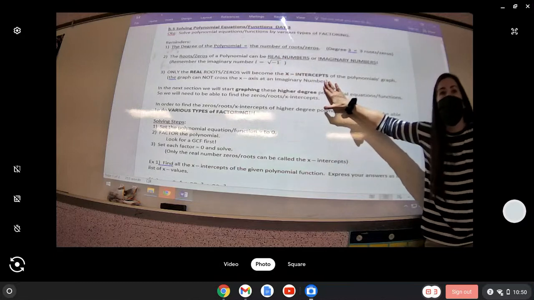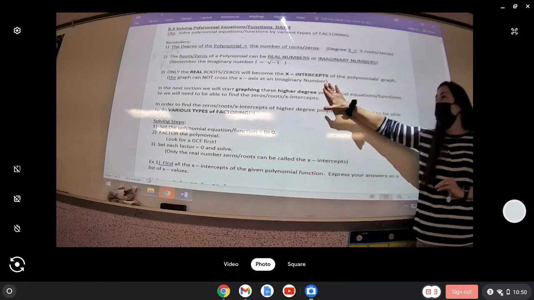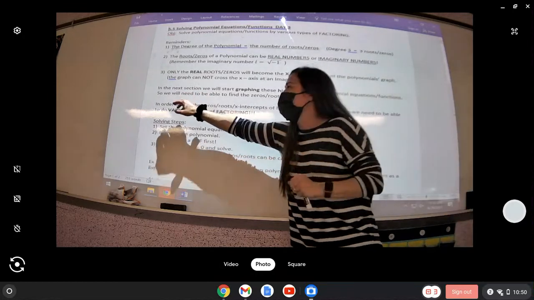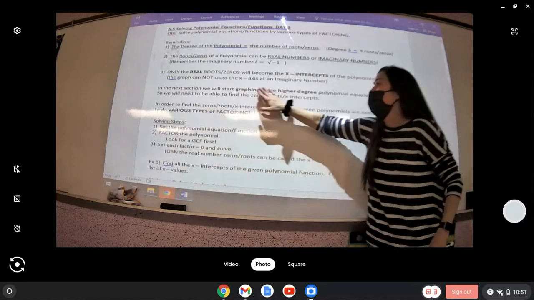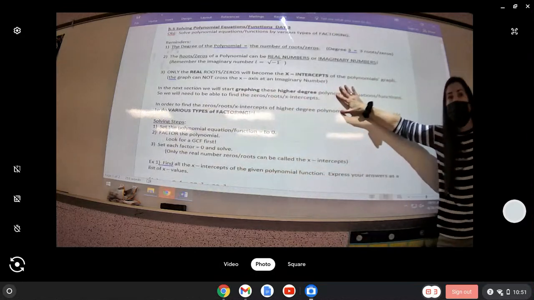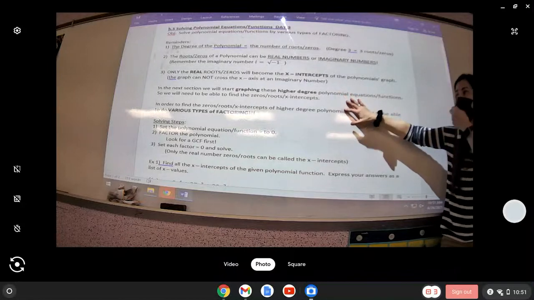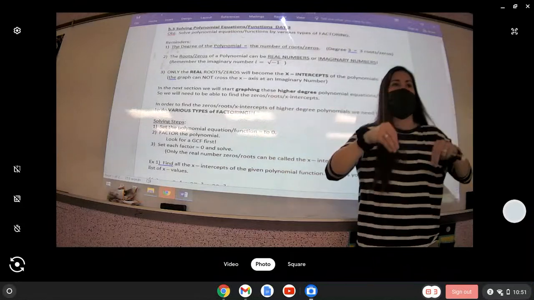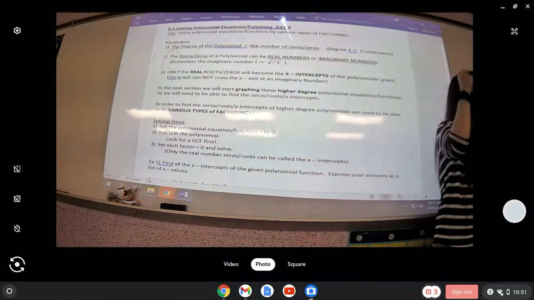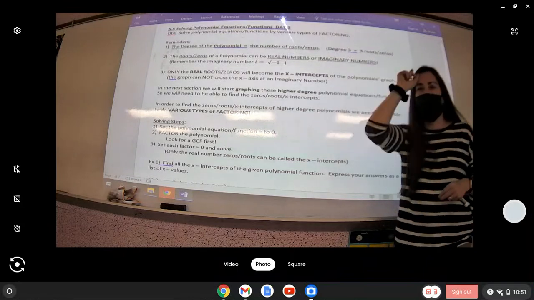Only the real number answers that you get can you call an x-intercept, okay? Now, I say that because in the next section, we are going to start graphing these higher degree polynomial equations or functions. And in order to graph them, you got to be able to find the roots, the zeros, the x-intercepts of its graph. X-intercepts play a huge role in the graph of a higher degree polynomial function, all right?